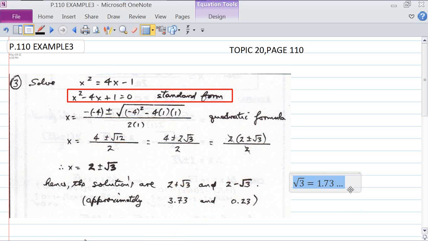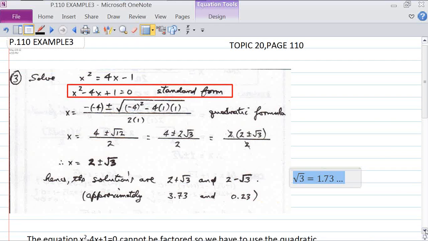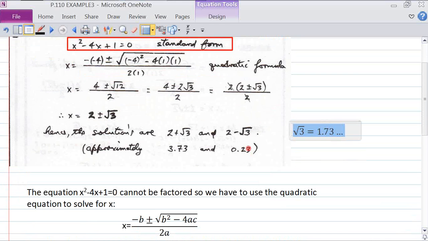Now the root of 3 is about 1.73, only an approximate value, because it keeps on going. So if you add 1.73 to 2, you get 3.73. If you subtract, 2 minus 1.73, you get about 0.27. Actually, it should be about 0.27 here.